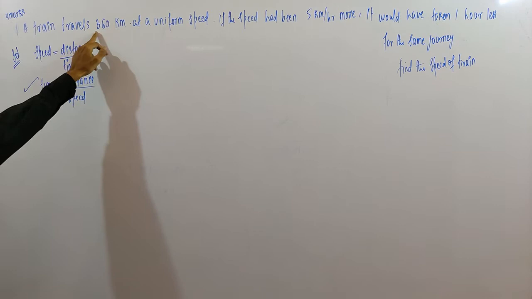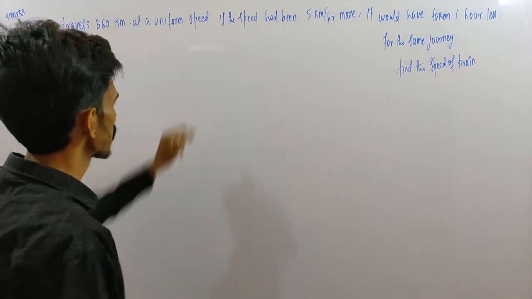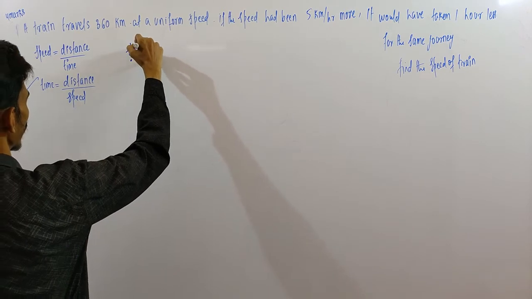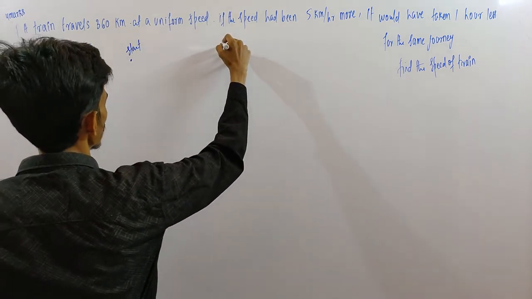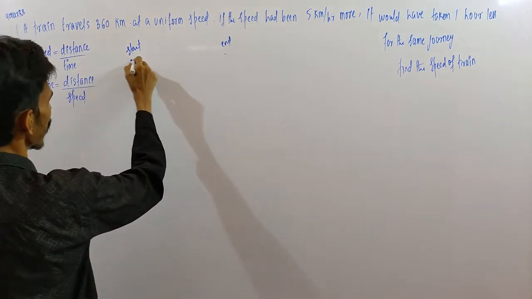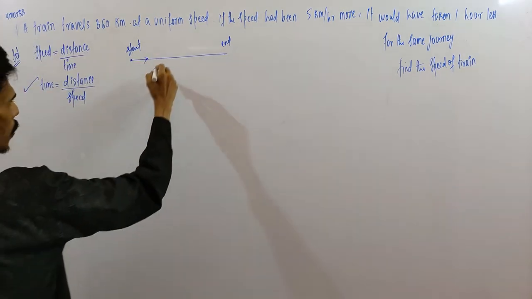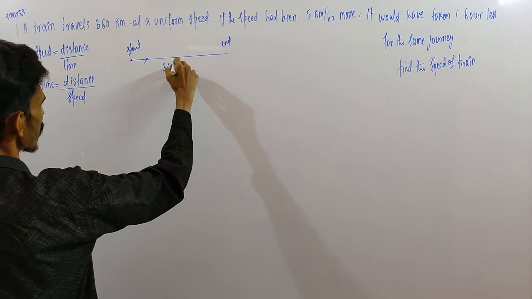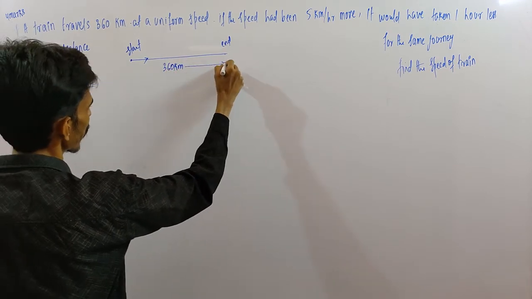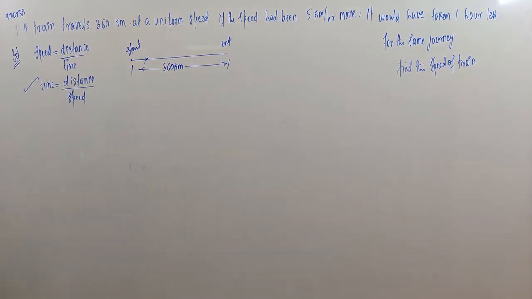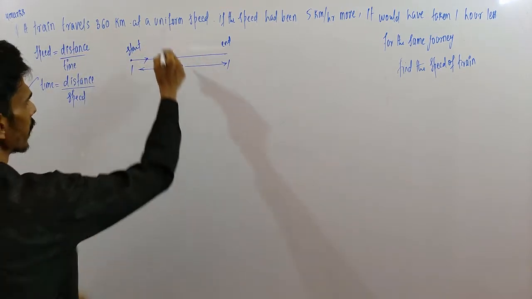A train travels 360 km at a uniform speed. Let us suppose this is the start and this is the end of the journey. This is the path of the train. Now the total distance is 360 km. Train travels at a uniform speed.